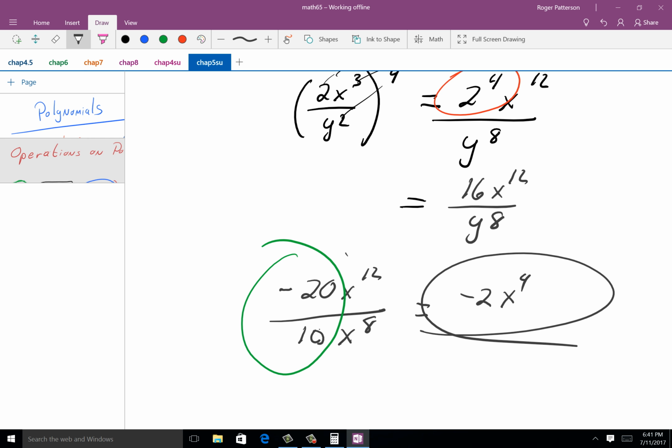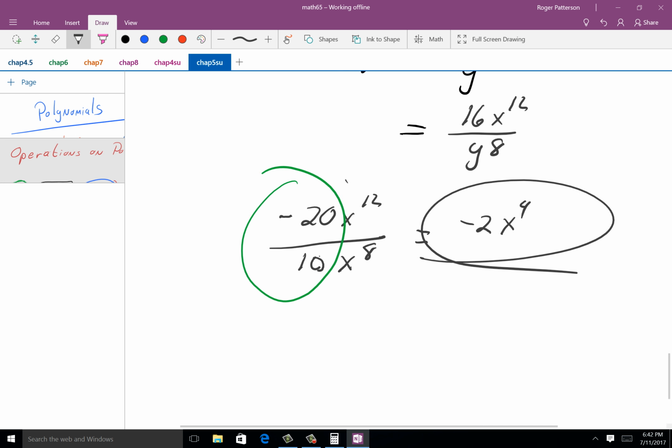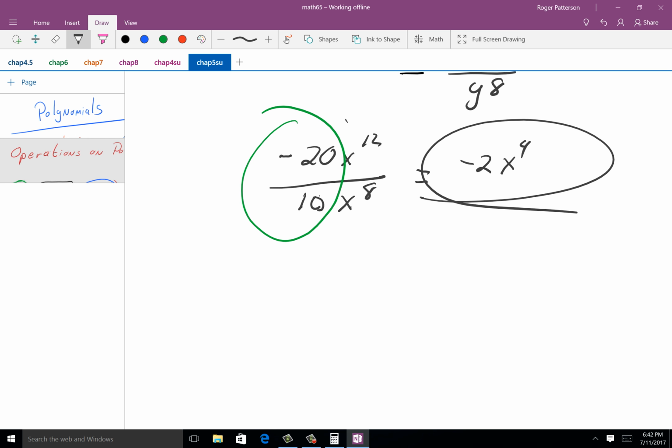Okay, good. That's how that works. So that's pretty much everything from 5.5 except ones like this, and they're not a whole lot different.